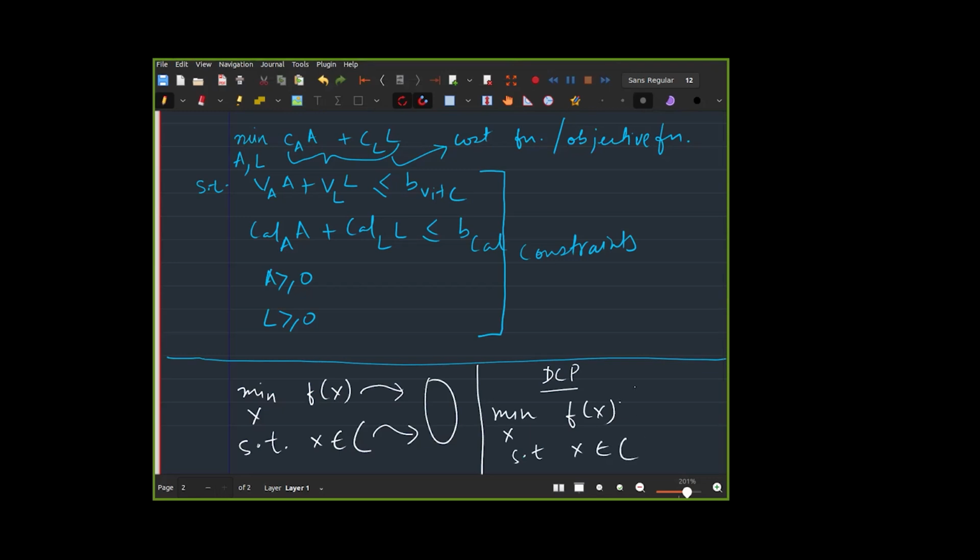And what it assumes is this f of x is something called a convex function. We will see in a lot of detail what is the meaning of convex function, but just for now, take my word for it that disciplined convex programming should have a convex function as objective and the constraint should be a convex set.